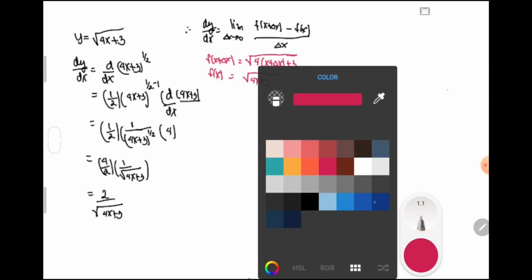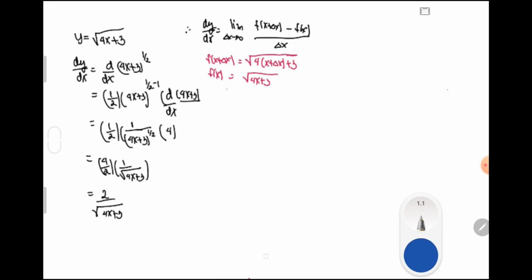So therefore from this we can say that dy over dx is equal to the limit of the square root of 4 multiplied by (x plus delta x) plus 3 minus the square root of 4x plus 3, divided by delta x as delta x approaches 0.